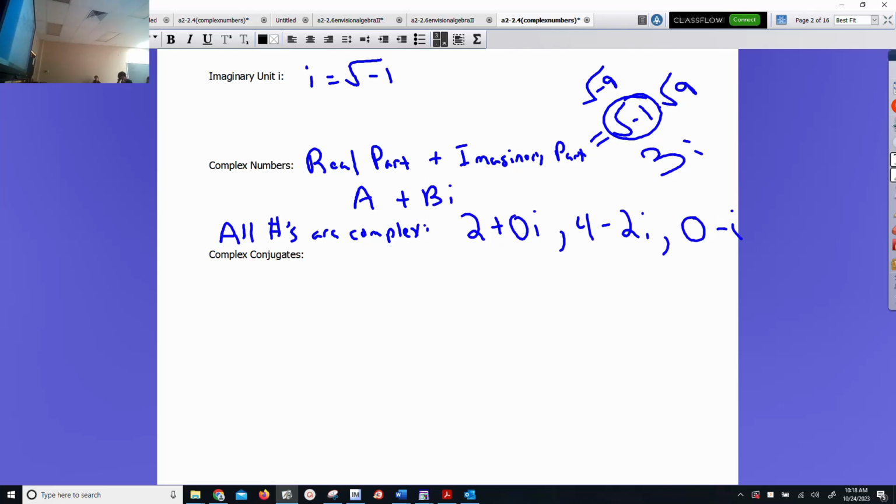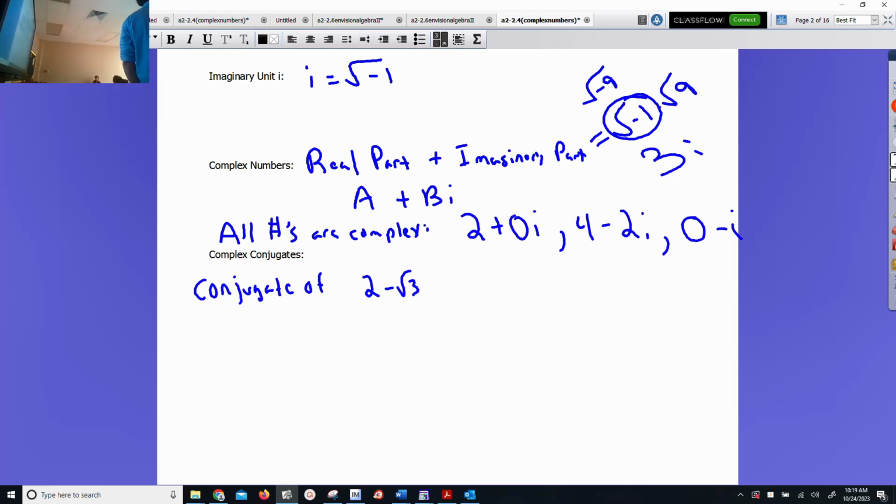All right, here we have the idea of what's called the complex conjugates. Conjugates would be something fairly new to y'all, but not really. Let's see if you remember something from Algebra 1. Conjugate of 2 minus root 3.